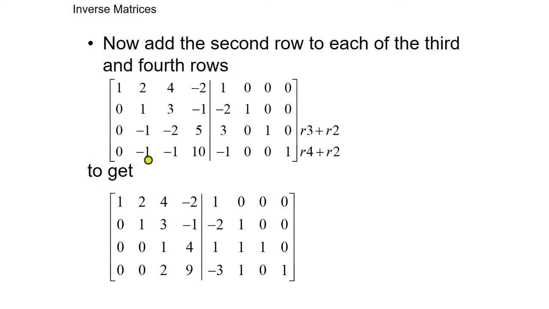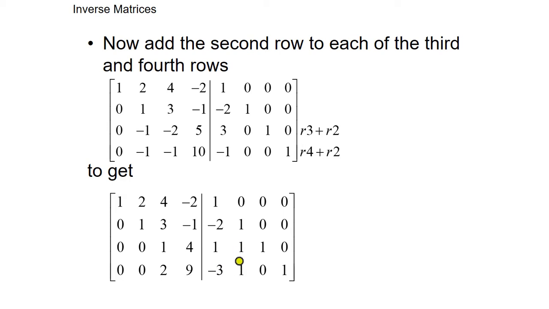Then we look to get zeros in the 2 positions here. And we can take row 3 and add on row 2 to get a 0 here. We can take row 4 and add on row 2 to get a 0 here. The entries here will change. We get non-zero entries here.